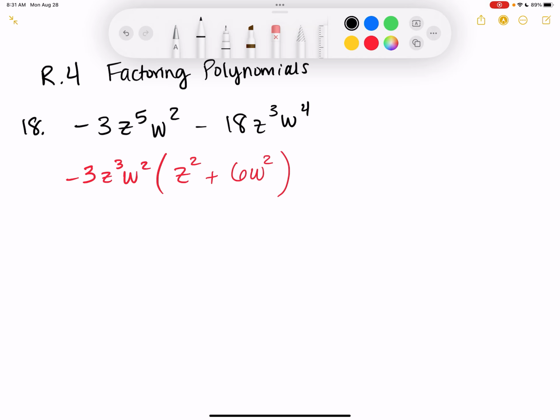So same instructions, 28, r to the fourth s squared plus 7r cubed s minus 35 r to the fourth s cubed. So what's the biggest thing that I can take out of all three of these?